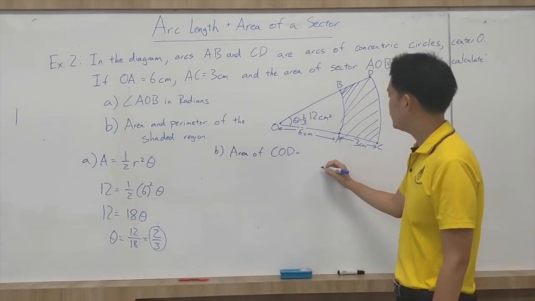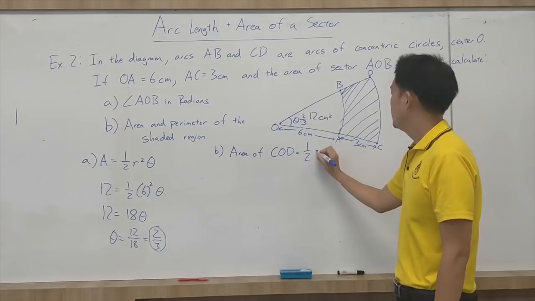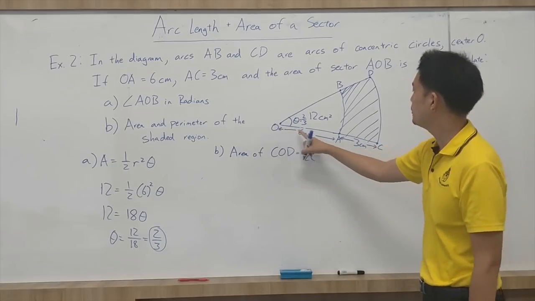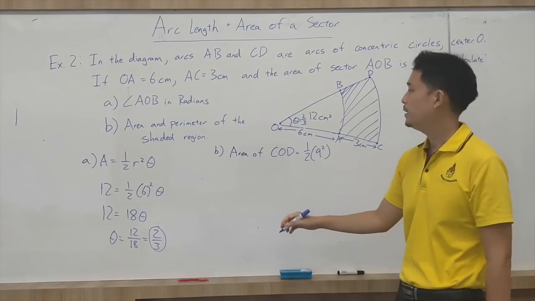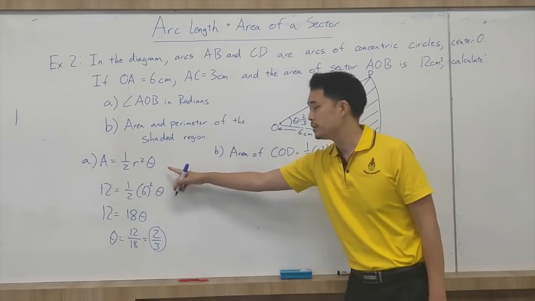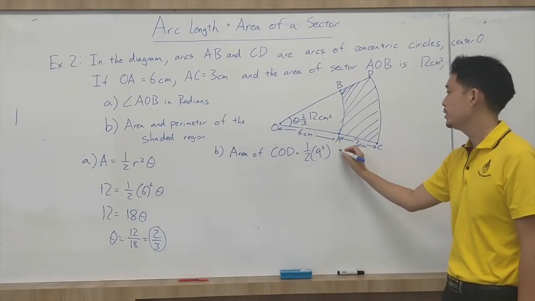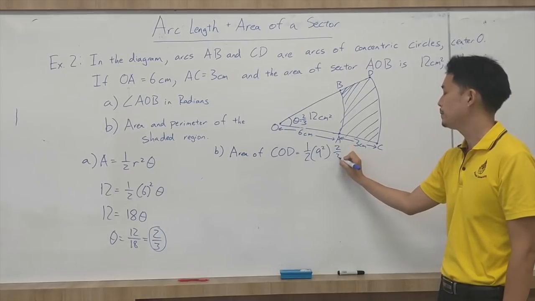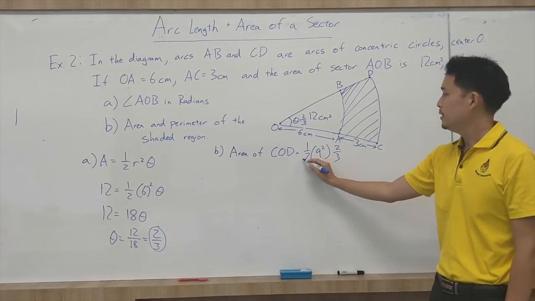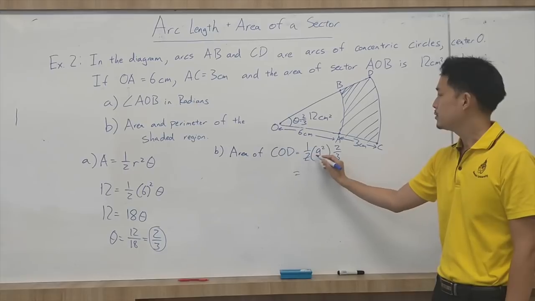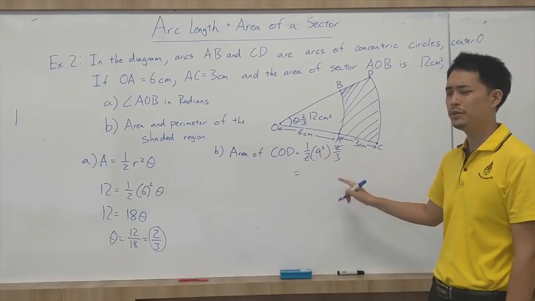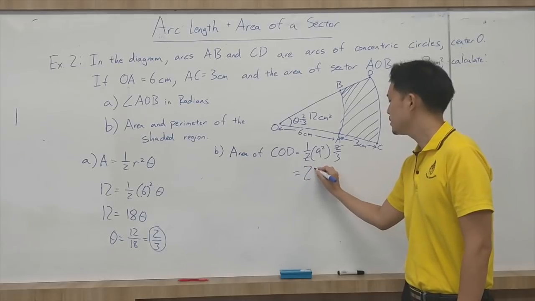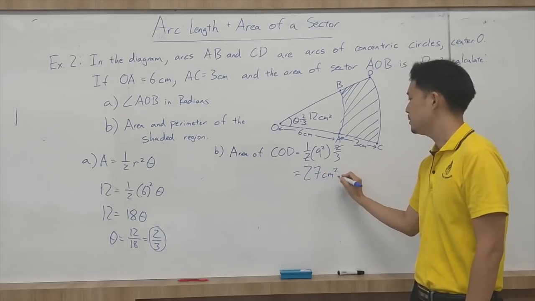So 1/2. Now in this case, the r is this whole thing, so it's going to be 9 squared. And the theta in this case, we've already solved it, is 2/3, right? So here we can solve for the area. The 2's cancel out. We're going to get 81 up top. 81 divided by 3 is 27 centimeters squared.